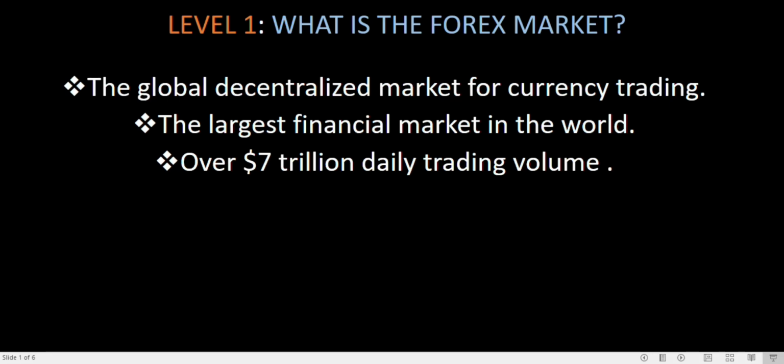So, forex market is the largest financial market in the world. And also history has it that over 7 trillion daily trading volume is carried out in the forex market.